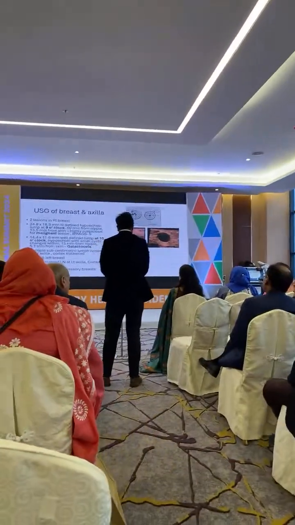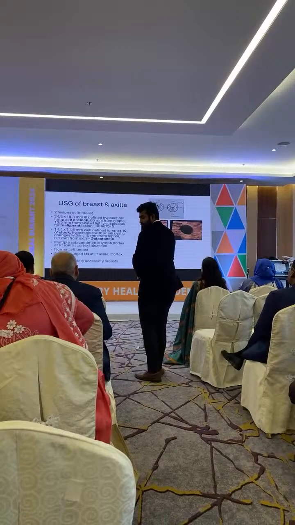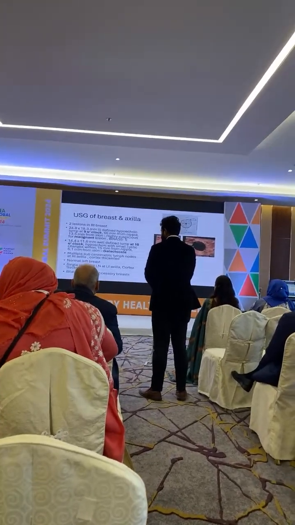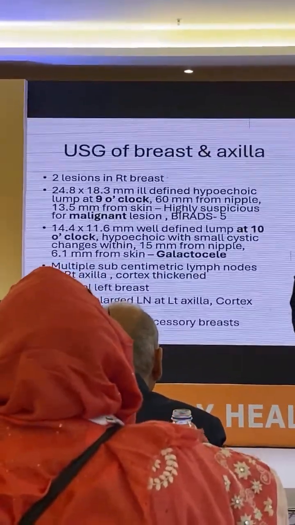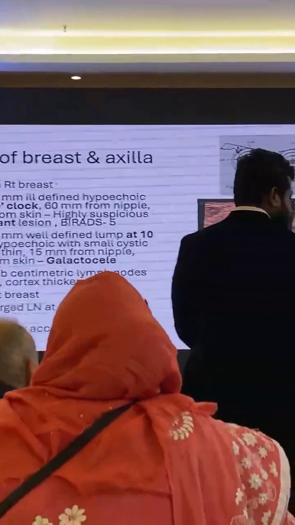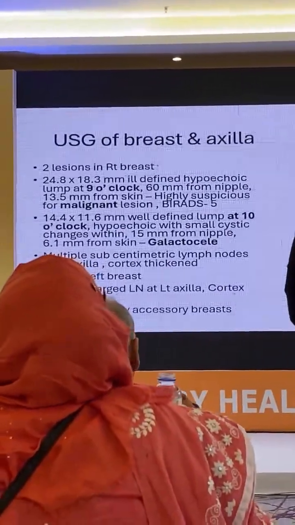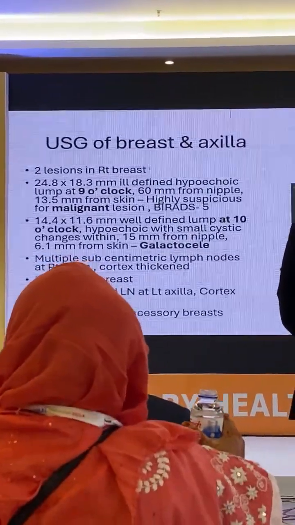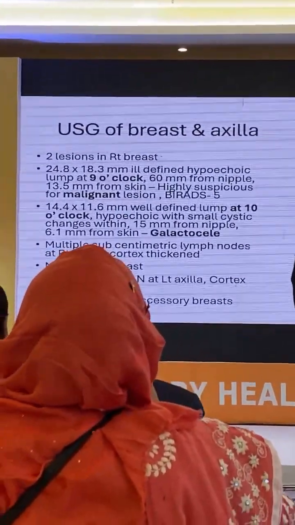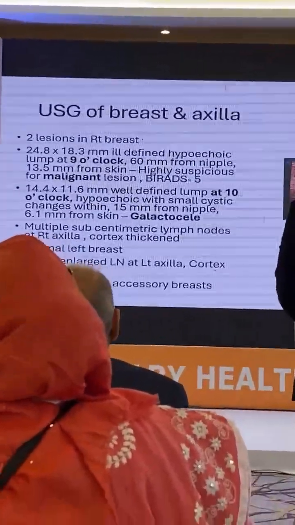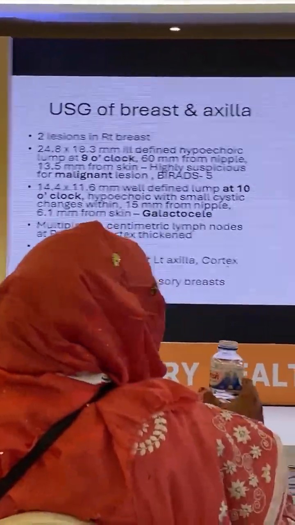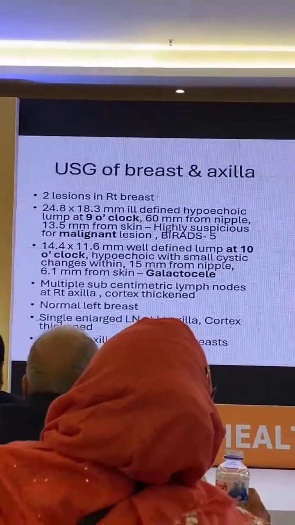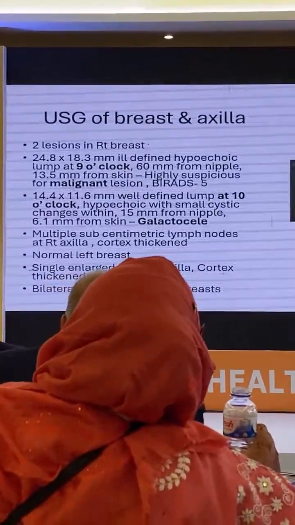Okay, so this is the ultrasound of the breast and axilla. Two lesions in the right breast. A 24.8 by 18.3 millimeter ill-defined hypoechoic lump at 9 o'clock, 60 millimeter from the nipple, 13.5 millimeter from the skin, highly suspicious, categorized as BI-RADS 5. A 14.4 by 11.6 millimeter well-defined lump at 10 o'clock, hypoechoic with small cystic changes within, 50 millimeter from the nipple, 6.1 millimeter from the skin, mentioned as galactocele. Multiple subcentimeter lymph nodes at the right axilla, cortex thickened.